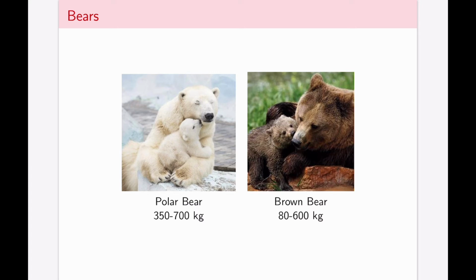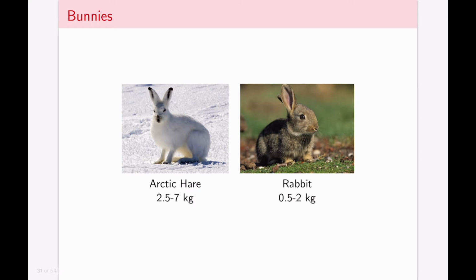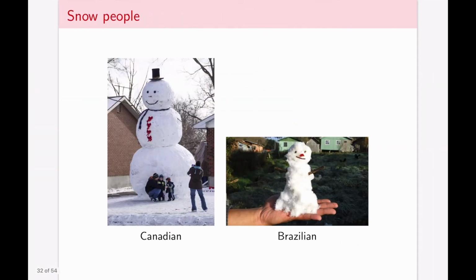Polar bears tend to be a lot bigger than brown bears, supposedly because, being creatures that live in colder climates, they need to radiate heat less than their brown bear relatives. Hares versus rabbits: an Arctic hare is a much bigger animal than the rabbit that I often see right outside of my office at UVic. Of course, we have snow people. Canadian snow people are much bigger than Brazilian snow people, and so on and so forth.